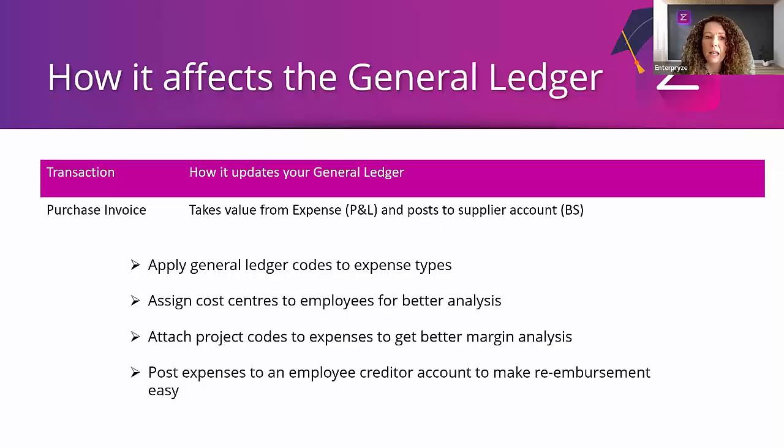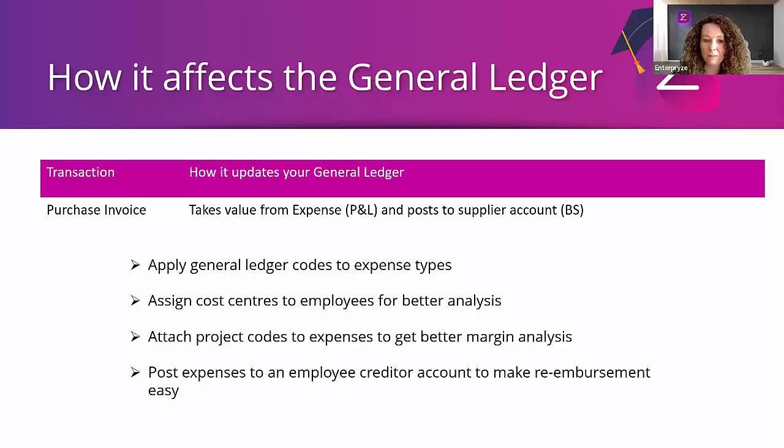So what does it do? It posts a service purchase invoice. Okay, so it's a full purchase service invoice, taking the value from the expense, which is the P&L, and posting to the supplier account as we would expect on your balance sheet. So this is where I've mentioned your general ledger account codes are normally taken from your expense types, unless you've defined them against your expense users. That's the GL account code it's going to take. Cost centers will be taken into consideration, as they would be on any standard purchase invoice.